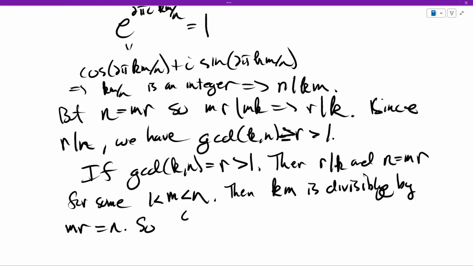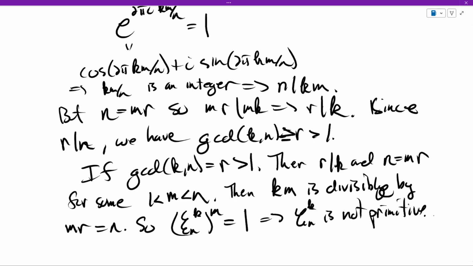So zeta sub n to the k to the m is equal to 1, but m is less than n. So we found that zeta sub n to the k is an mth root of unity for m less than n. Okay, so zeta sub n to the k is not primitive.